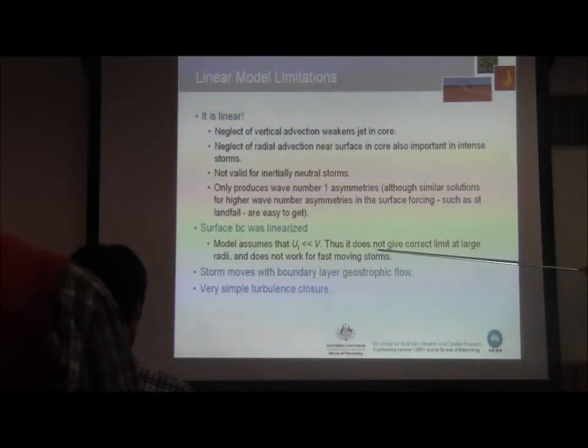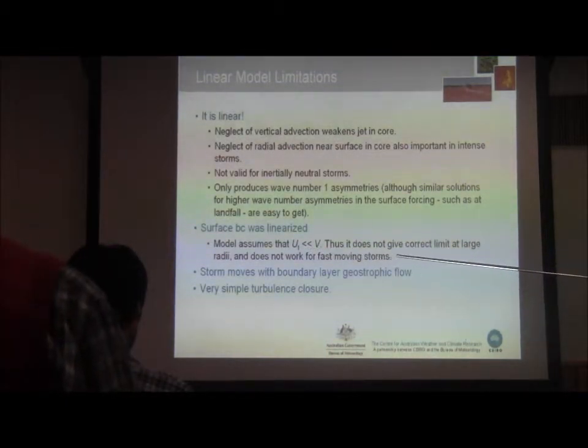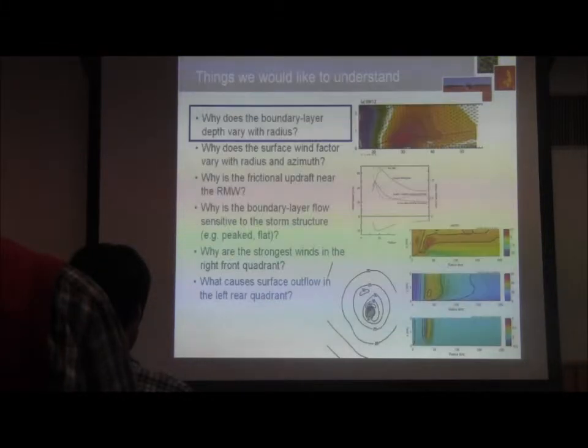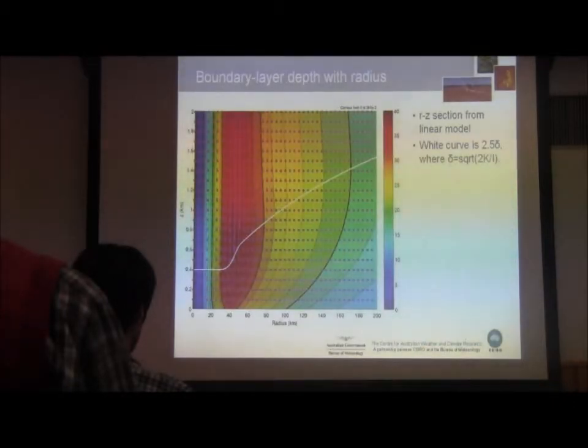And we've also got to assume the translation speed is small if you read the paper. The turbulence closure is very simple, but we should keep these limitations in mind, and the model is helpful for interpretation. So why does the boundary layer depth vary with radius?